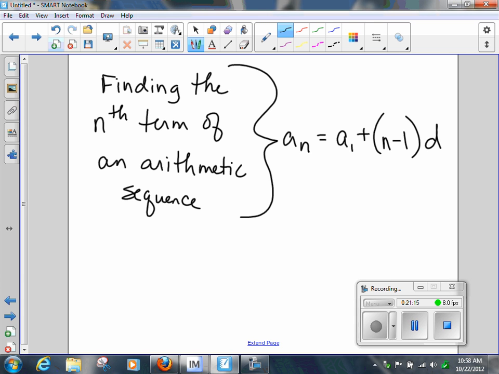And you can see on your formula sheet there's another formula right below it. I don't know why you would need it. That's just my opinion. This right here is all you need.